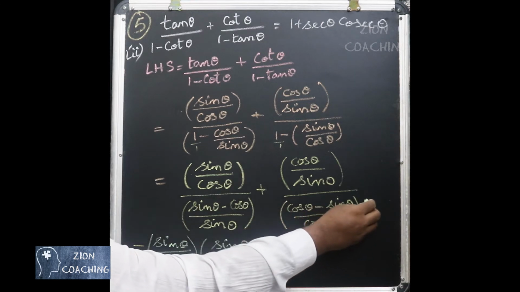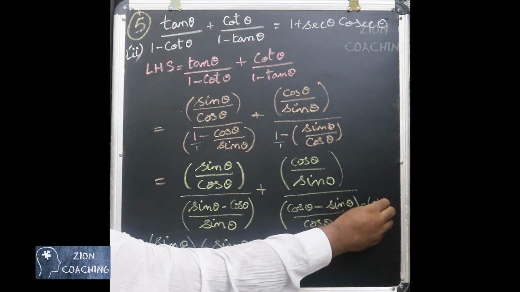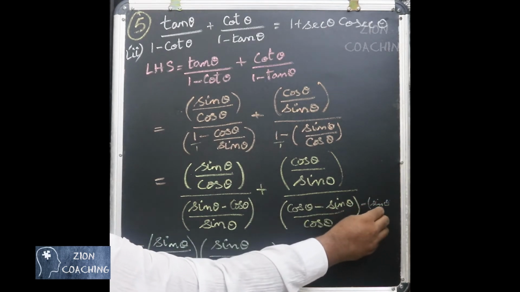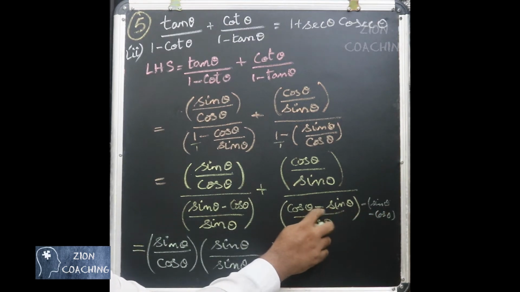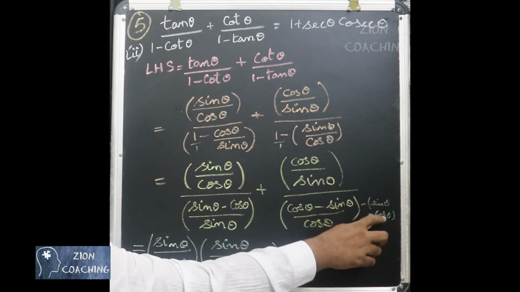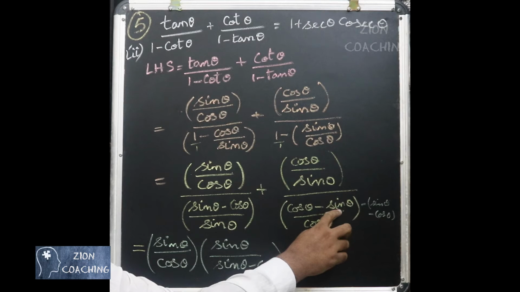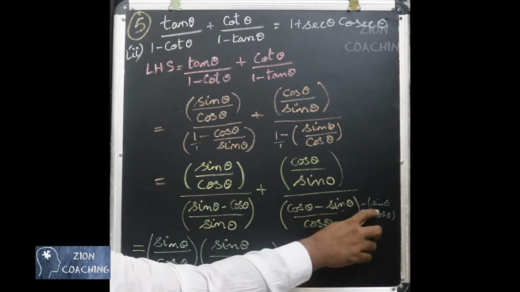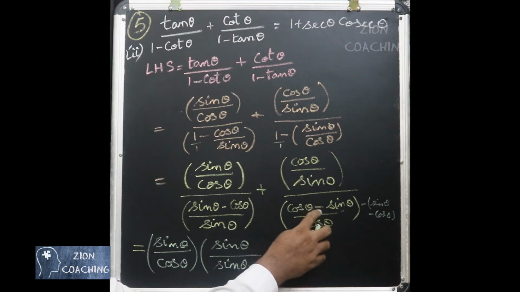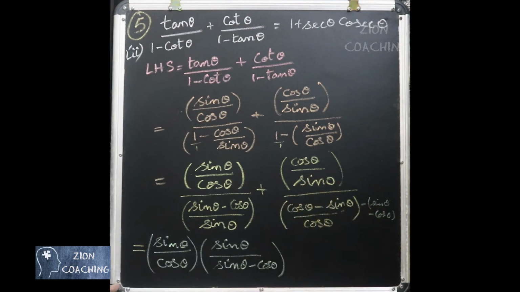So this can be written as minus of sin theta minus cos theta, because minus into sin theta is minus sin theta, then minus into minus you will have plus cos theta. So both are same. So instead of writing this as cos theta minus sin theta, I am going to write it as minus of sin theta minus cos theta.